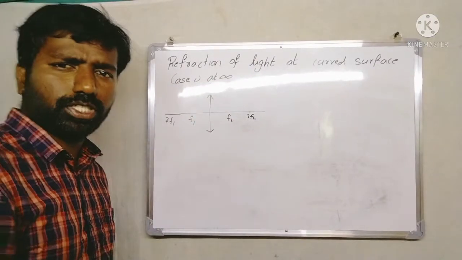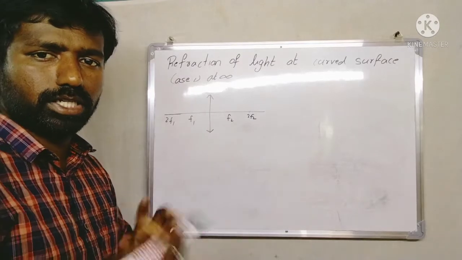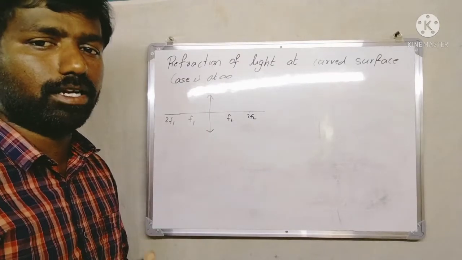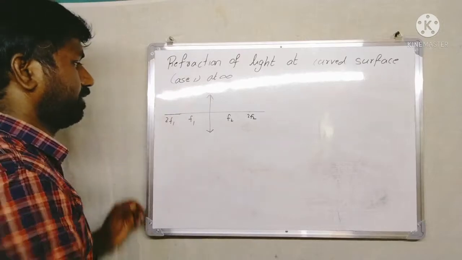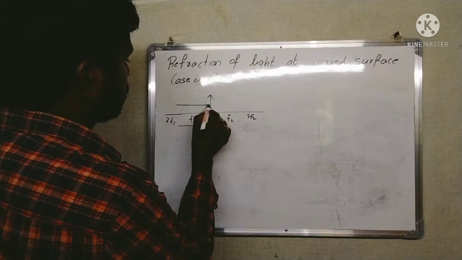If an object is at infinity, all the rays coming from it we need to consider parallel to each other, like a parallel beam of light. So a parallel beam of light is incident on the lens.